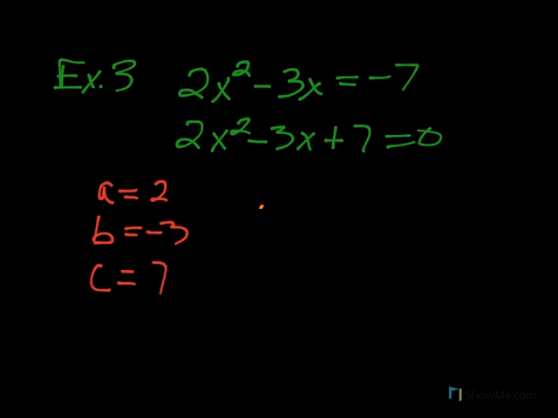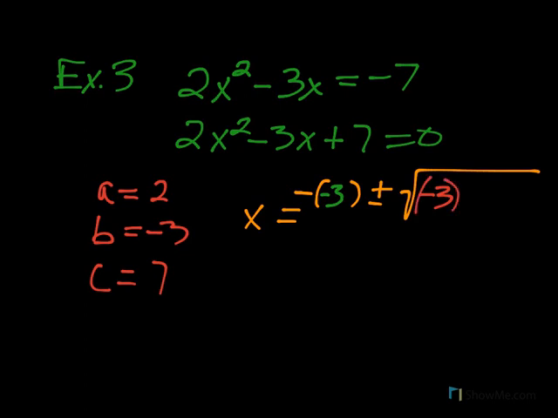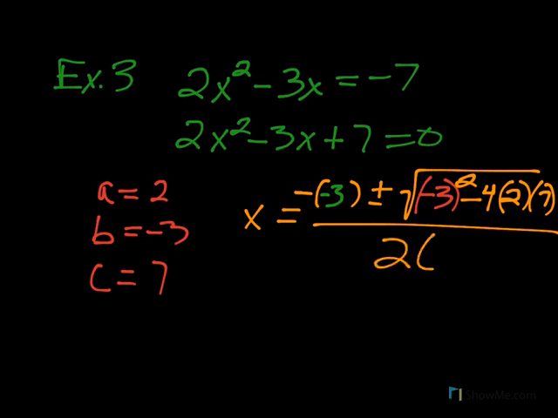If we use the quadratic formula, we get the negative of negative 3, plus or minus the square root of negative 3 all squared, minus 4 times A, which is 2, times C, which is 7, all divided by 2A, so 2 times 2.